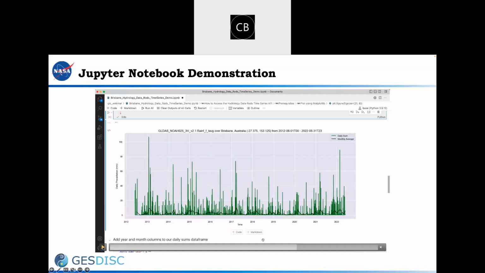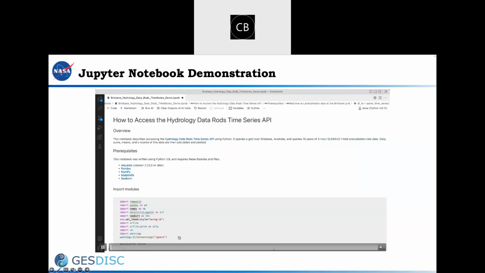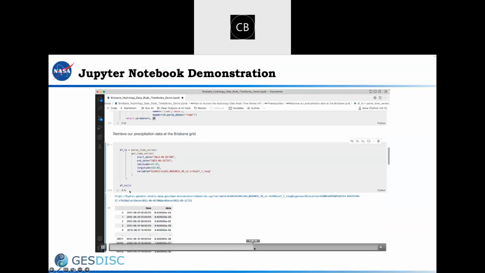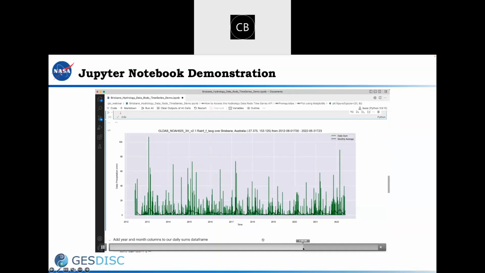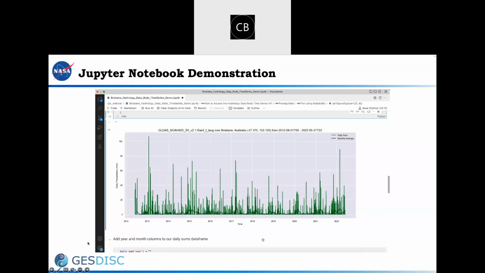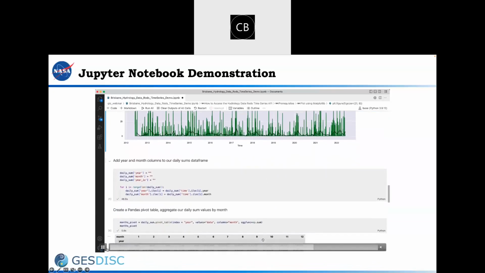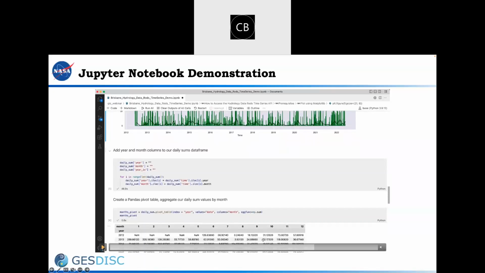Well, that's great, but how does that translate into the climatology of precipitation? Looks like I skipped back a little bit there. Now, I'm not going to go too much into detail of the various pandas functions involved to calculate this, but what I can do is iterate through that original data frame.